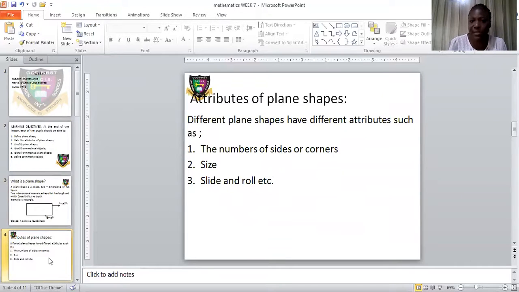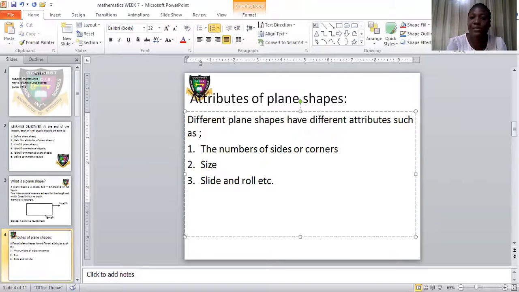Attributes of plane shapes. How do I know if I see a shape? How do I differentiate a plane shape from solid shapes? Number one, the number of sides or corners.